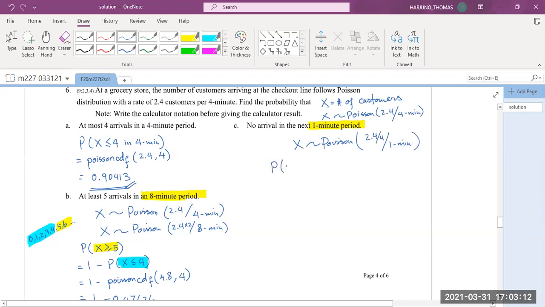Okay, the probability that no arrival in the next 1 minute, because I need to go to the restroom, let's say. So what is the probability I go to the restroom just to wash my hands for 1 minute, come back, and nobody shows up and I don't get caught? That will be Poisson PDF 0.6, 0. That 0.6 comes from here.